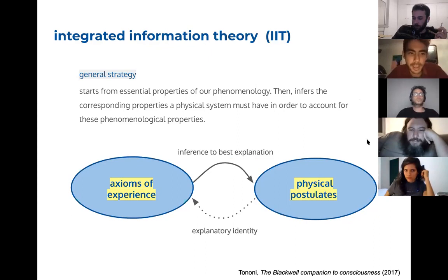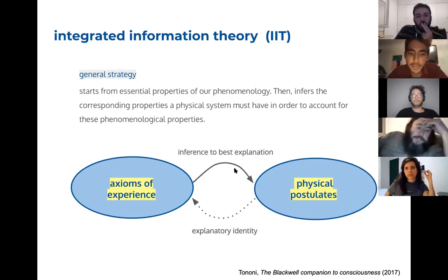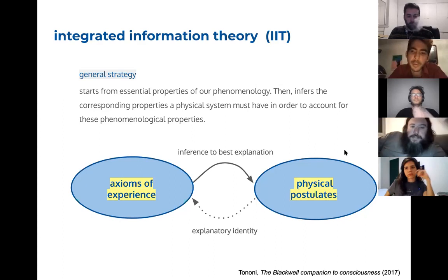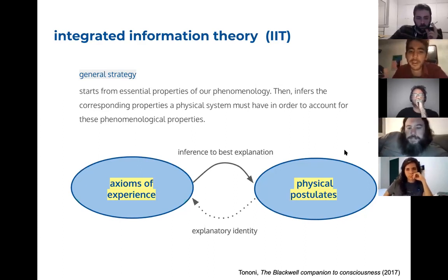It starts from essential properties of phenomenology and then tries to infer which kind of physical system would be able to account for those properties. So it goes from these properties of experience, infers physical postulates, and tries to come back and show that they are the same in some sense, equivalent or isomorphic. Am I going too slow maybe?